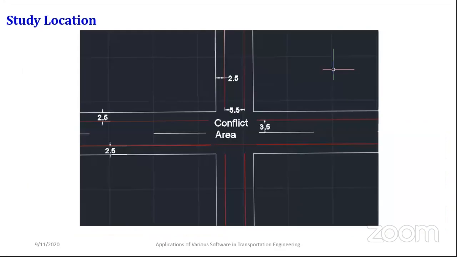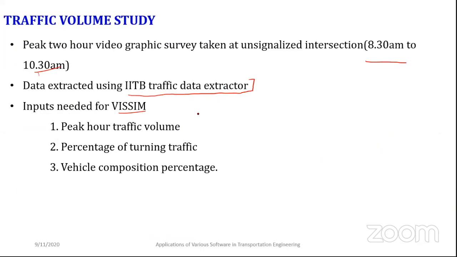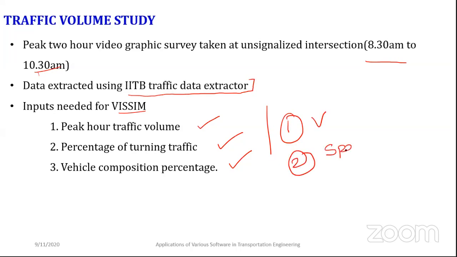With that motivation, we are giving 3 major inputs. One is the traffic volume, that is, turning traffic and the vehicle composition percentage. This is the first one we do with respect to volume. Second, with respect to speed, speed also we have to calibrate and match with the field data.